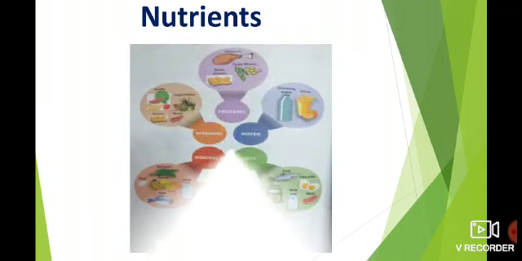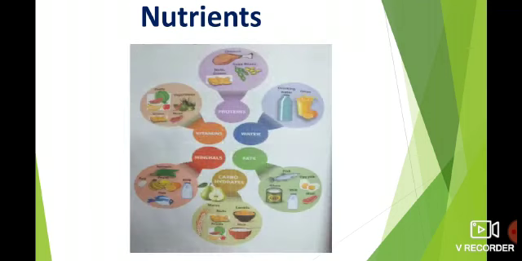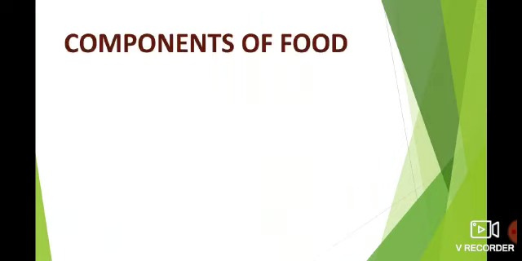And next we learn about nutrients. Nutrients are substances the body needs for energy, building material and control of body processes. Next we learn about the components of food.